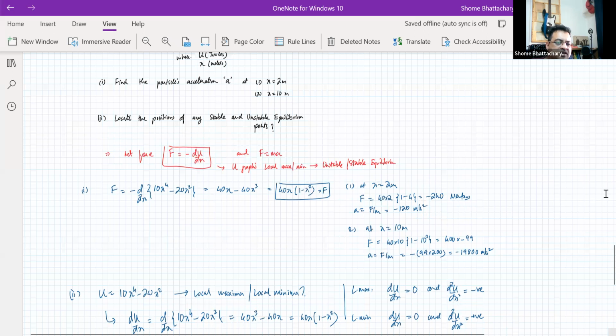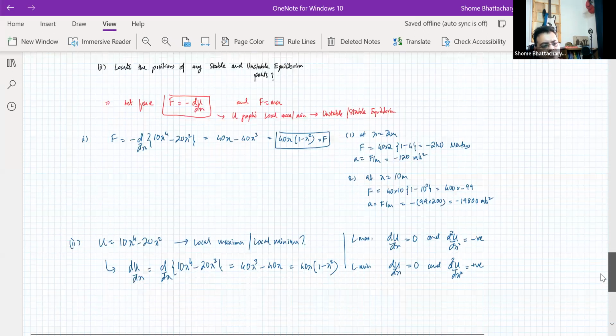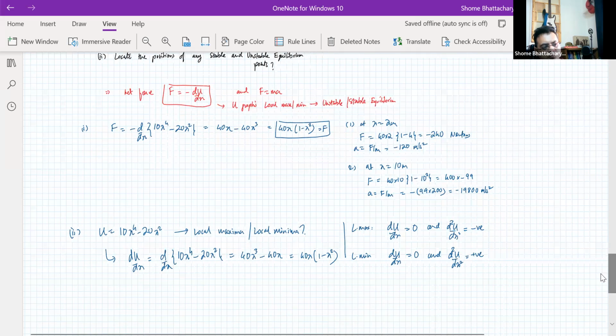Now we also need the second derivative of this, which is the derivative of this term.